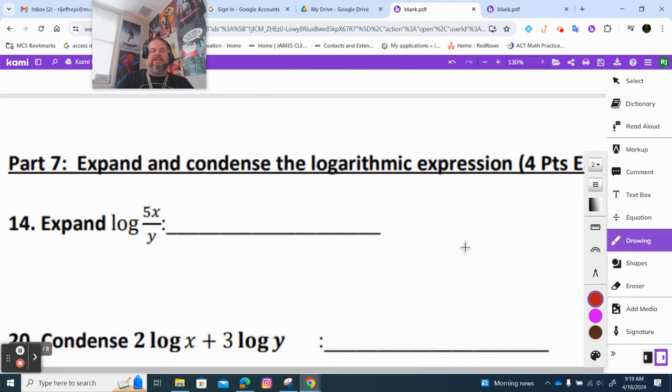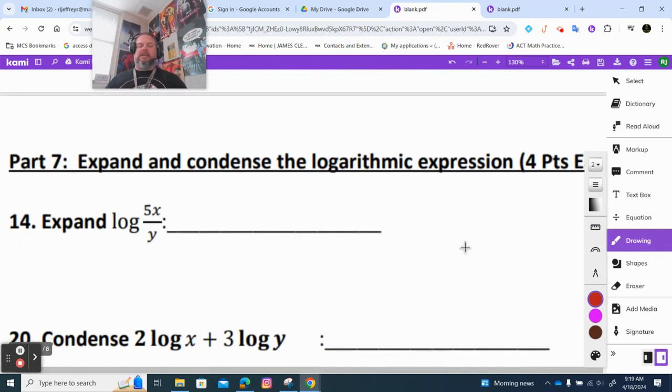All right, expand. I'm really good at expanding. Thank you. Somebody got it. All right. So I noticed that this is division. So I can expand it by saying log of 5x minus log of y.